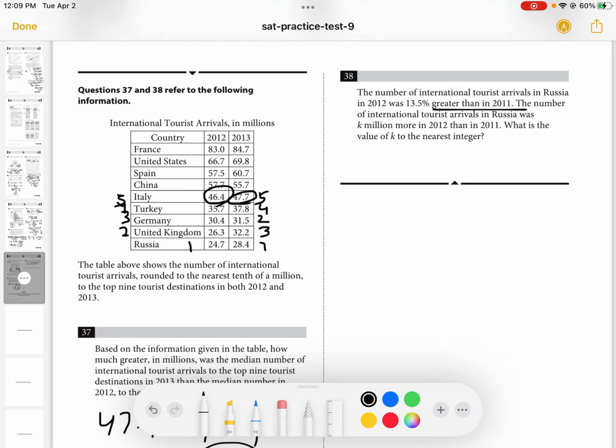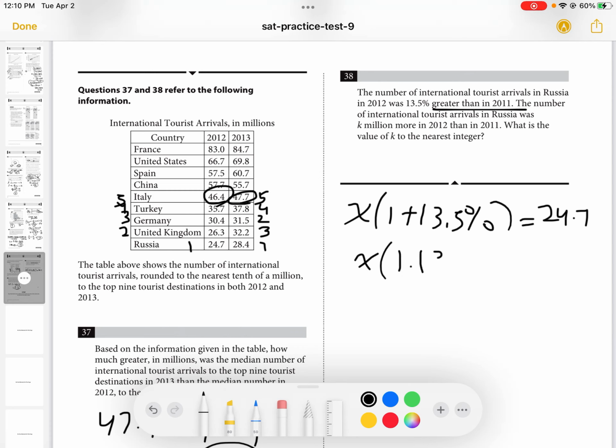So I want to call x the number of tourist arrivals in 2011 in millions. So x times 1 plus 13.5% was equal to however many people came in 2012, so 24.7. So x times, in decimal form, 1.135 is equal to 24.7.